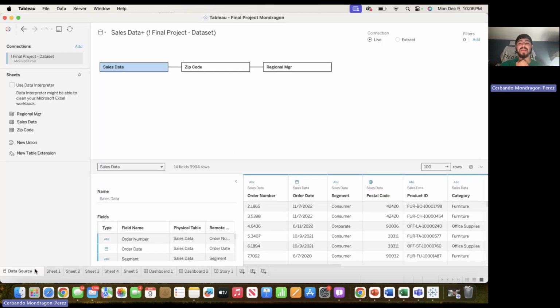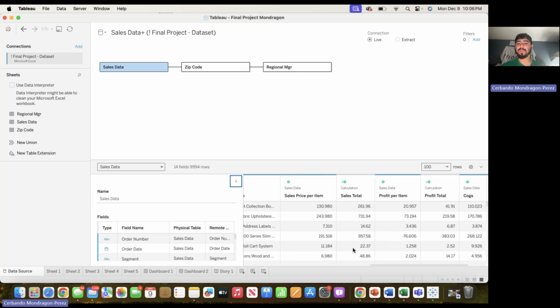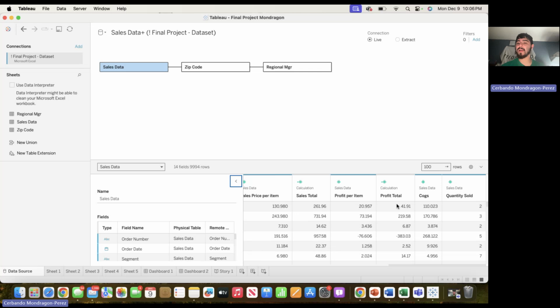I did add two more categories to my data source. It was the sales total, which was calculated by sales price per item times quantity, and then profit total, which was calculated by profit per item times quantity sold.